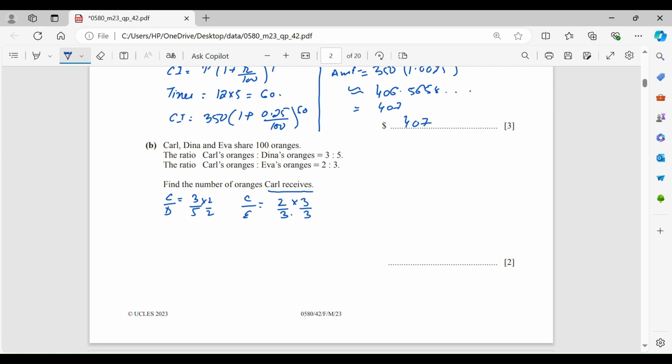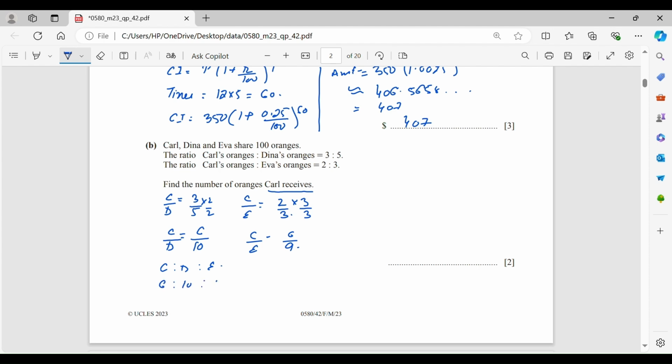C as a common ratio. So C by D will be equal to 6/10 and C by E is 6/9. So C ratio D ratio E will be equal to 6:10:9.